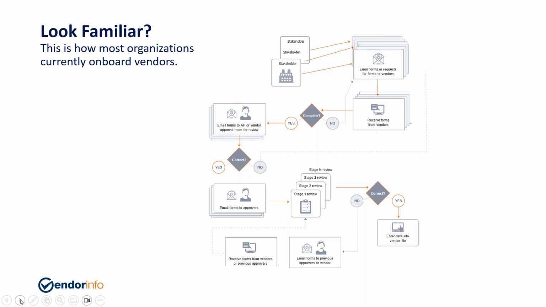When you finally get the information from a vendor, now you've got to check through it. Make sure you have all the information you need. Probably pass the documents around to different people in your organization where that information is probably rekeyed and somehow verified, hopefully.